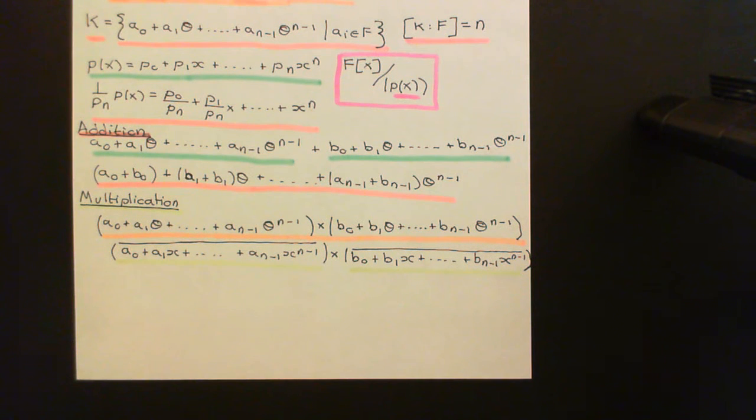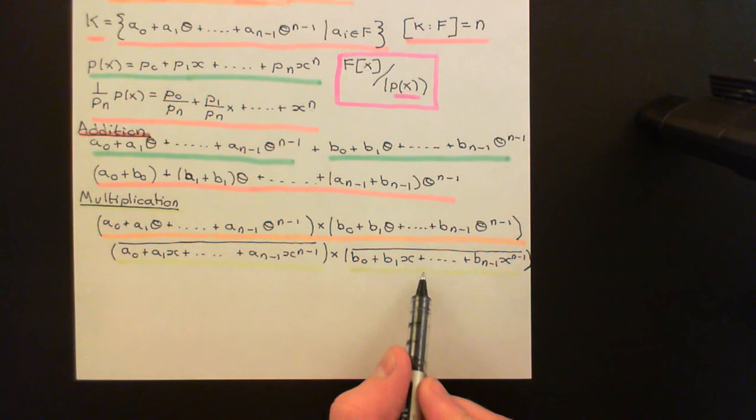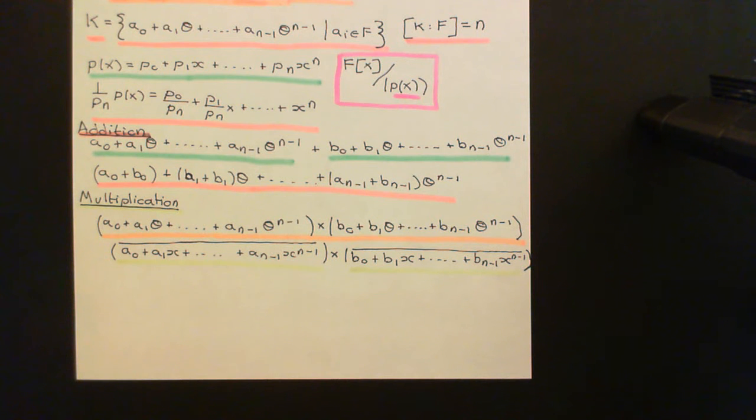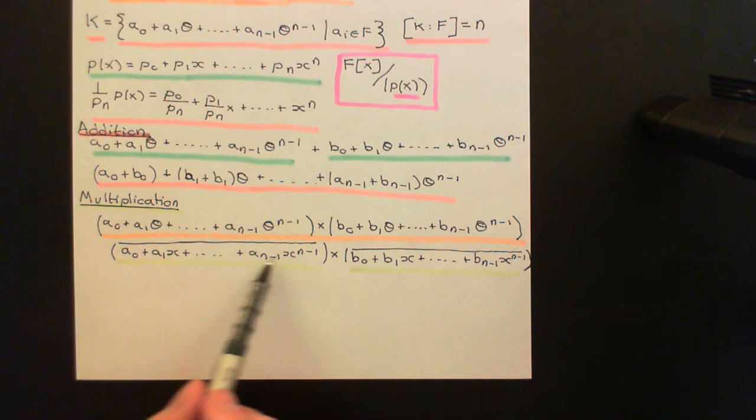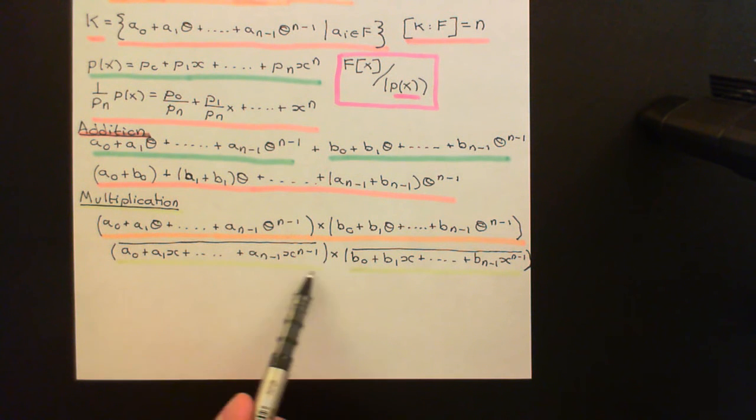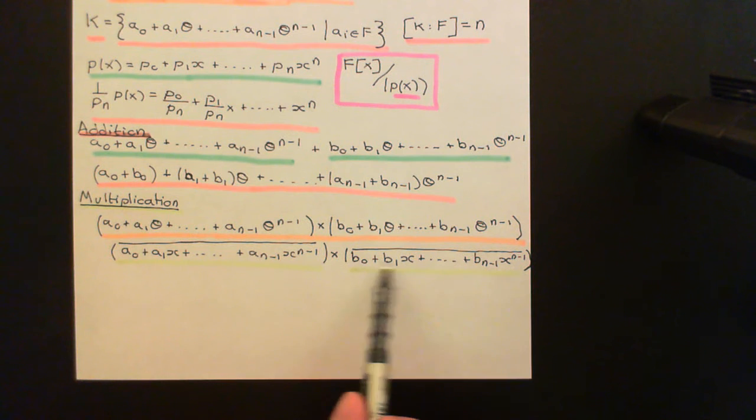Well, we go to the definition of multiplication in the quotient ring, which is of course our field extension. You take a representative from here, you take a representative from here, multiply them together in the ring of polynomials over the field, and then take the coset that contains the answer. So of course we'll take the representative that we've named this coset after. We'll take this representative and we'll take the same representative here.